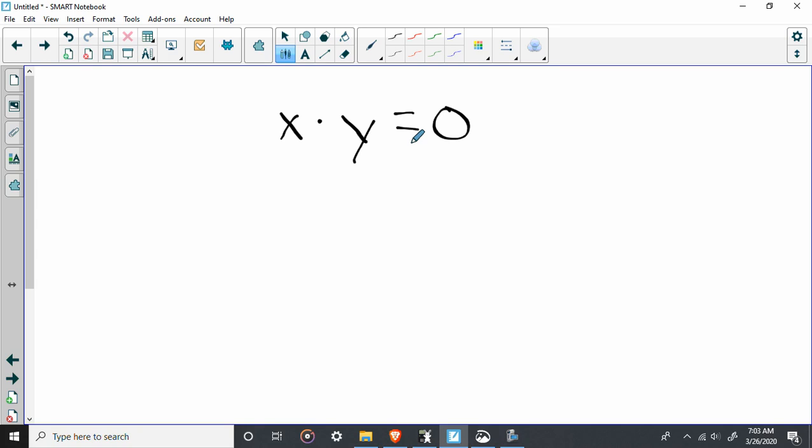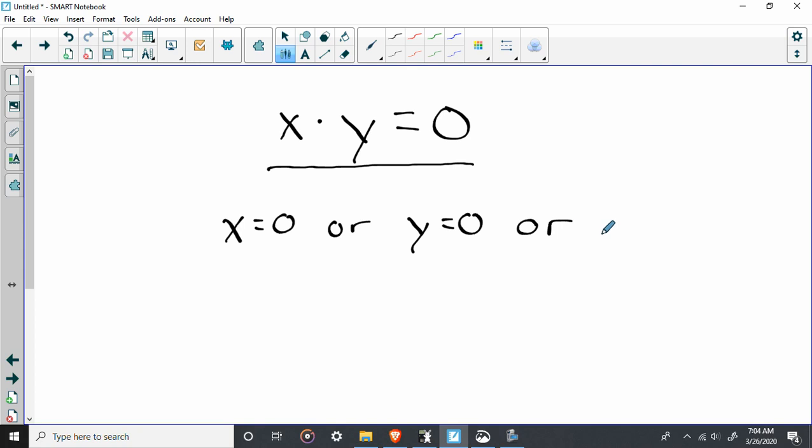What you really should come to the conclusion is that if the product is 0, either x equals 0 or y equals 0 or x and y both equal 0. In other words, if I'm multiplying two numbers and my answer is 0, one of them has to be 0 or both of them have to be 0.